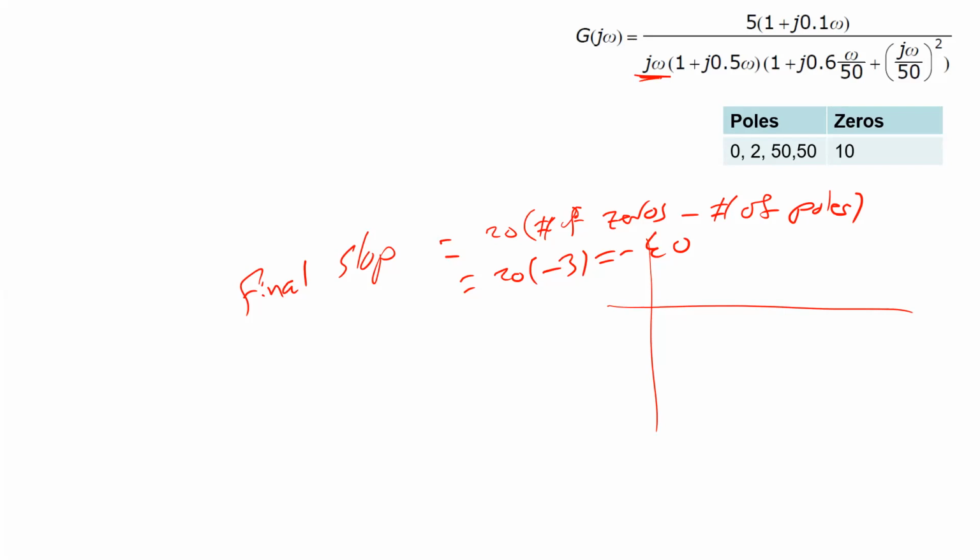By the same token, what will be the initial angle? The initial angle will be minus 90 because of this pole. What will be the final angle if omega goes to infinity?